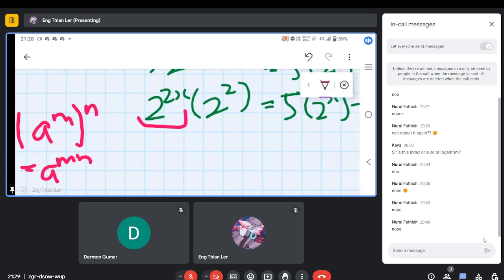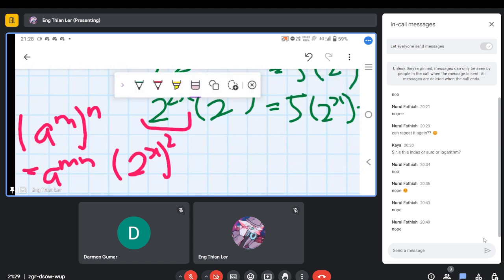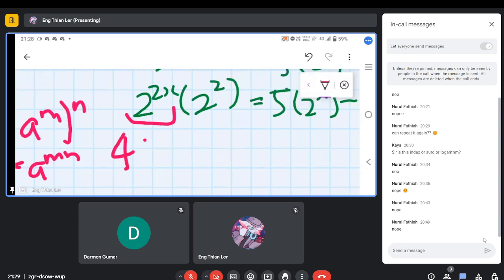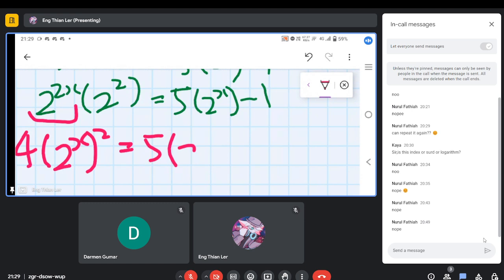So this can be written as 2 to the power x, squared. Am I right? Yeah. And 2 squared is 4, let's just write that. So this can be written as 2 to the power x squared equal to 5 to the power x minus 1.